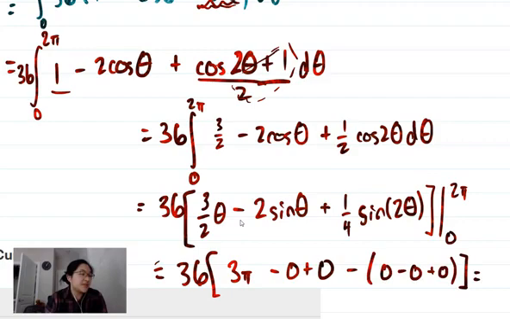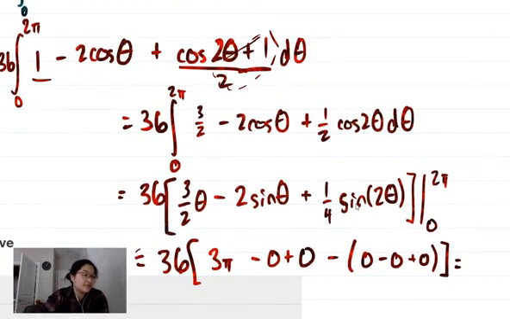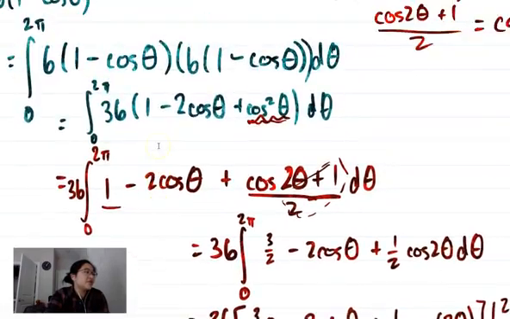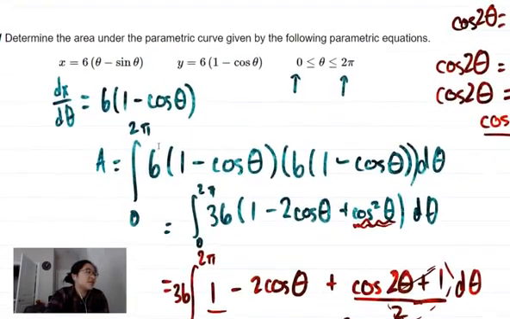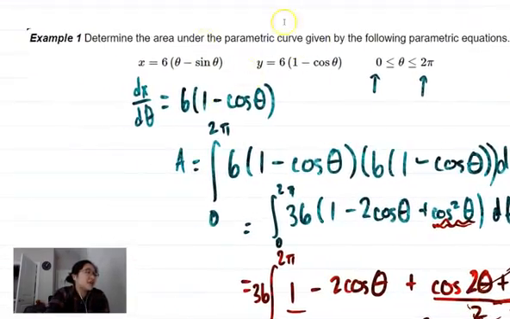And so we end up with 90 pi plus 18 pi, 108 pi as our area under our curve for this parametric curve given these parametric equations. Whew.